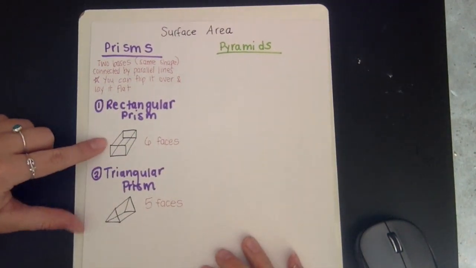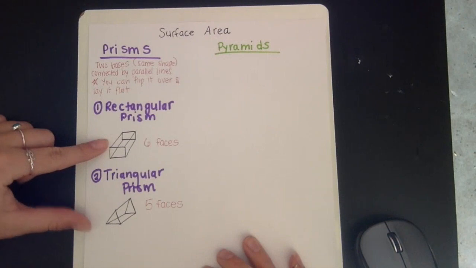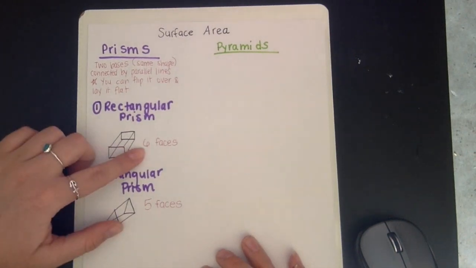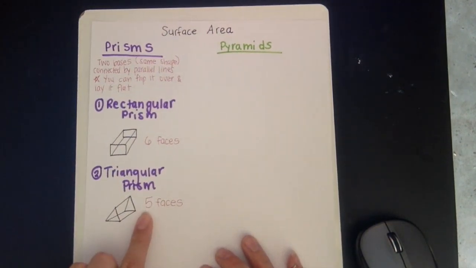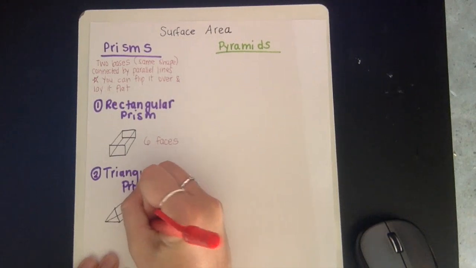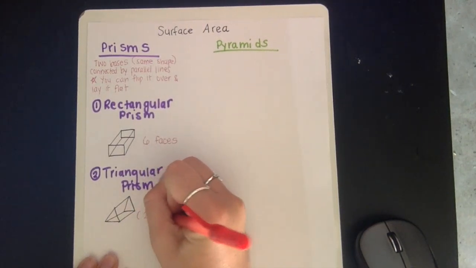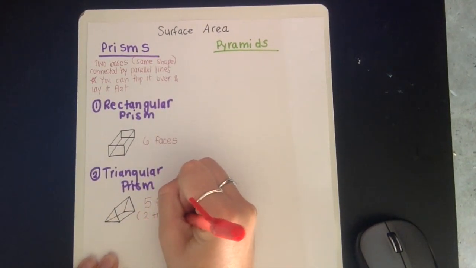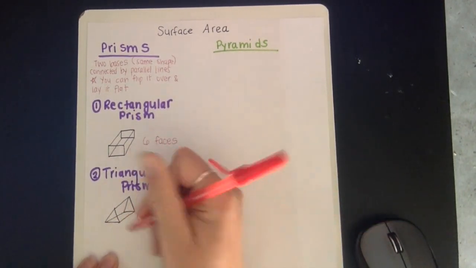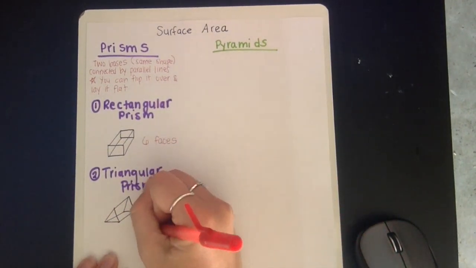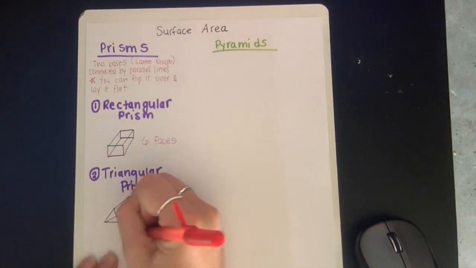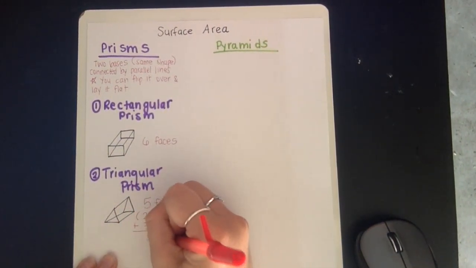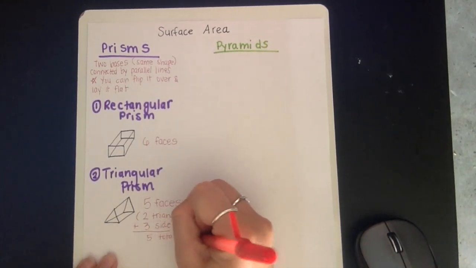So when I'm asked to find the surface area of a rectangular prism, I know that I'm finding 6 different areas to add up. When I'm asked to find the surface area of a triangular prism, I know I have 5 faces to add up. I can also think about this as the 2 triangle faces plus 1, 2, 3 sides, and that gives me 5 total faces.